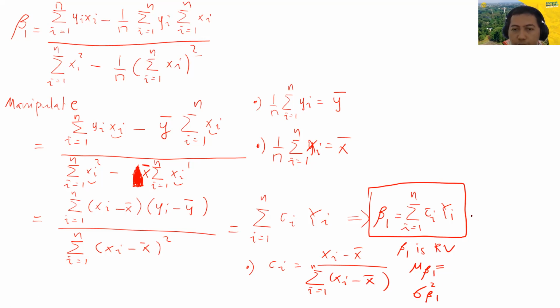For the beta 1 is equal to sigma i=1 to n of c_i multiplied by beta 0 plus beta 1 x_i. That's for the standard deviation.